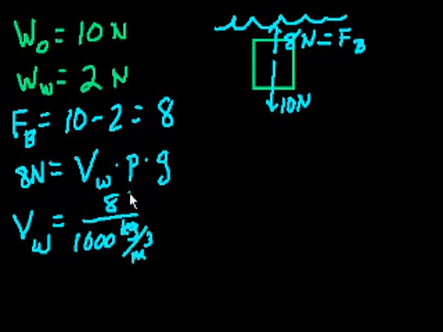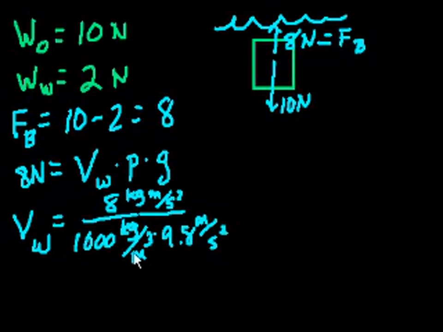Right, this is 8 newtons. So a newton is what? Kilogram meter per second squared. And then what's gravity? It's 9.8 meters per second squared.